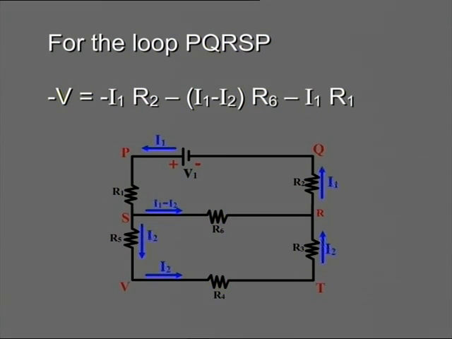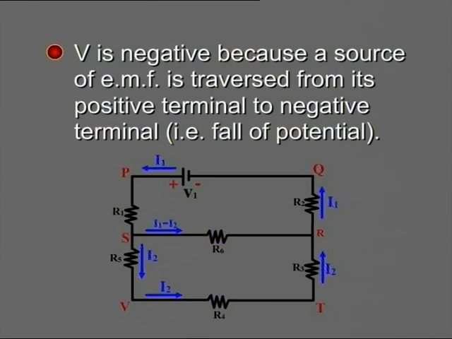For the loop PQRSP, minus V is equal to minus I1 R2 minus (I1 minus I2) R6 minus I1 R1. Here V is negative because a source of EMF is traversed from its positive terminal to negative terminal, that is, a fall of potential.